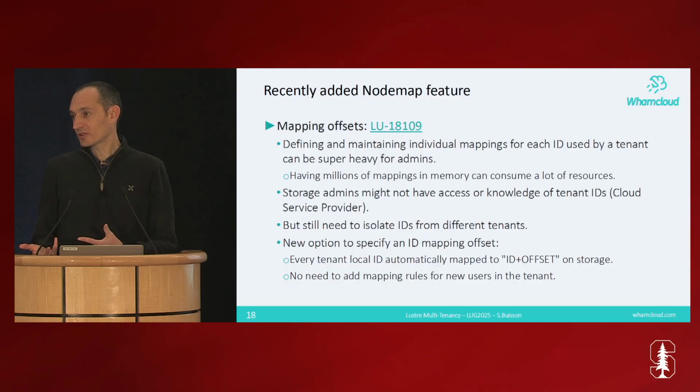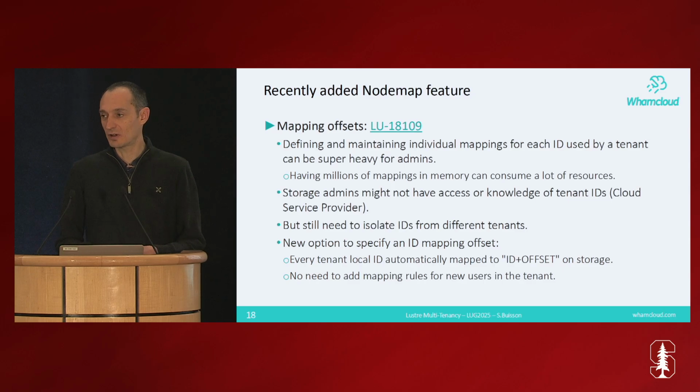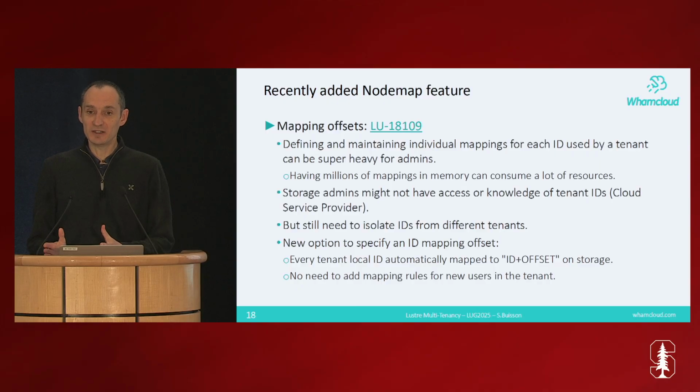And maybe more importantly, in some situations, for instance with service cloud providers, the Lustre administrators, the storage administrators, are not the tenant admins. So the Lustre admins are not aware of, and don't want to mess with, identity mappings. It's the tenant admin's duty. But still, we need to make sure that there are no identity conflicts when files are stored on disk.